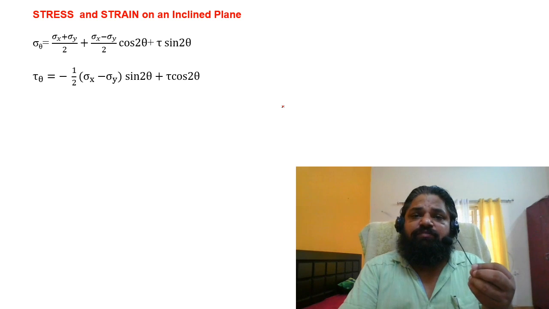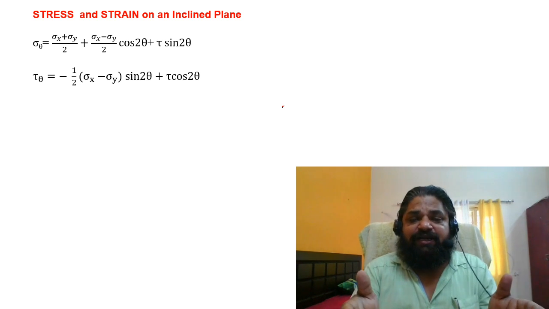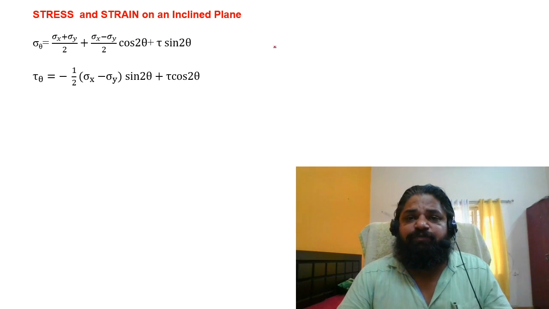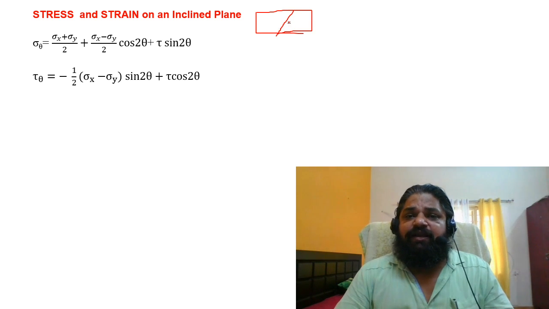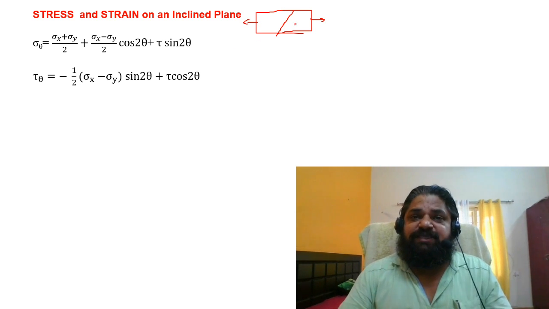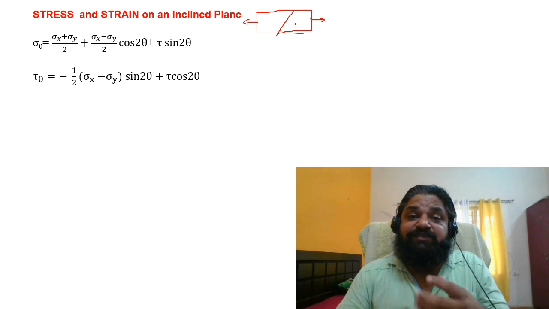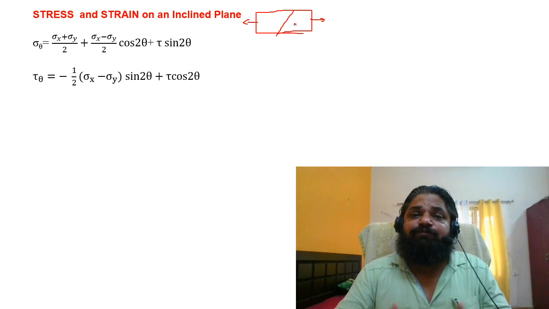If I take a beam or some elemental structure, and within it an inclined plane, under the influence of both biaxial normal and shear stresses, then how do we evaluate the stresses, or even without saying principal stresses, what resultant stresses are going to be generated within the body?